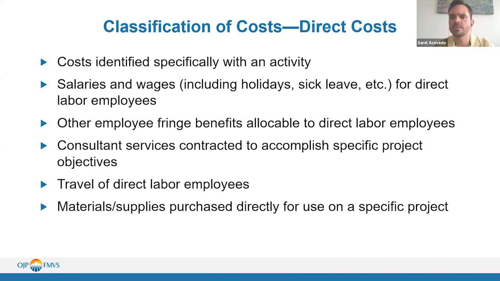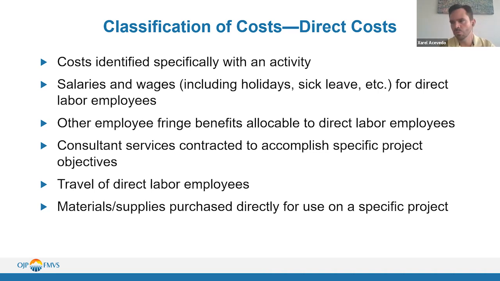Consultant services contracted to accomplish specific project objectives, okay? Again, it's specifically attributable to a consultant. Travel for direct labor employees, again, that is a direct cost. And then materials and supplies purchased directly for use on a specific project. Materials and supplies, just like fringe benefits, could be treated as indirect.